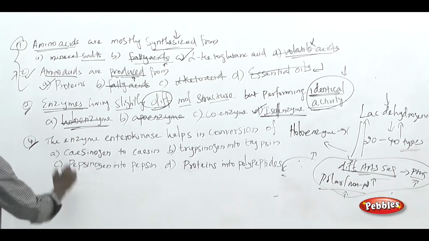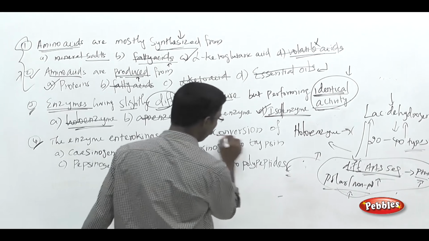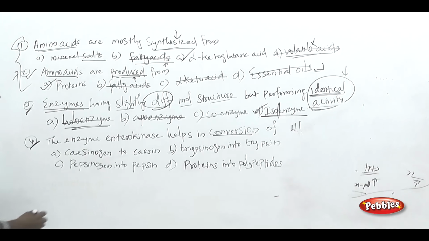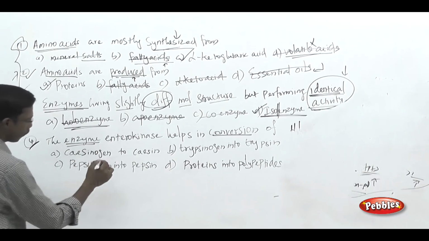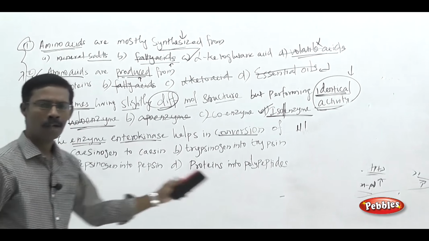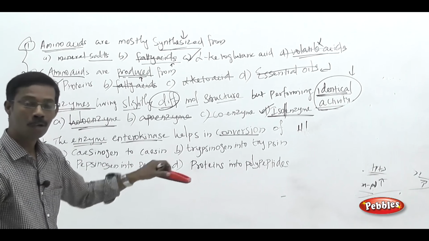So see the next question. The enzyme enterokinase helps in the conversion of something. See the choices. Whenever you see the term enzyme and a kinase, they are involved in some conversion. There are four choices, four conversions.